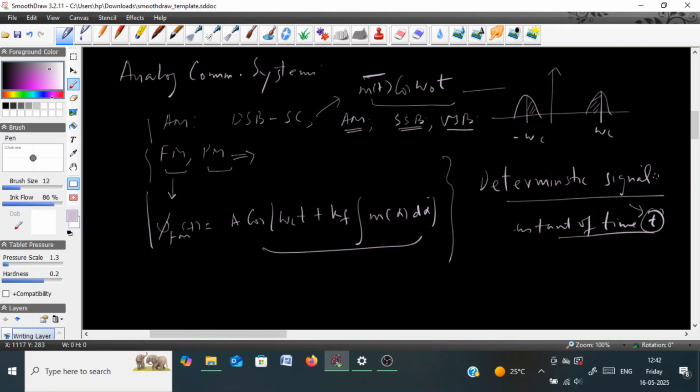But when it comes to random signals or random processes, you cannot predict the nature of these signals unless and until the signal really evolves in time. So the noise in communication systems is basically an example of a random signal or random process.